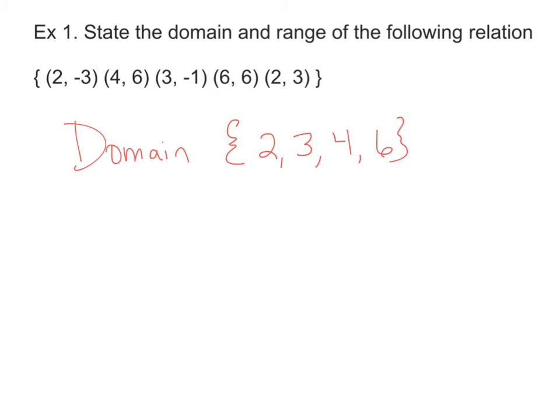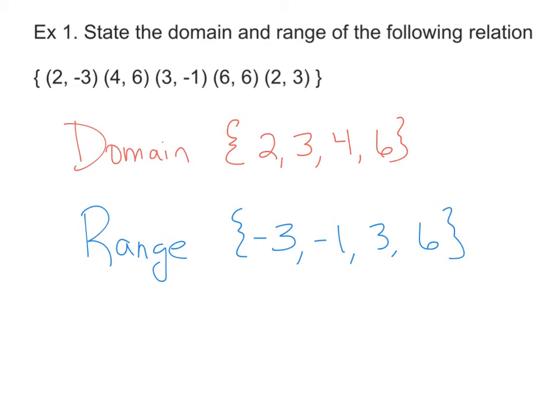Okay, notice I put them in numerical order. The range is my y values, and again, draw my brace, and my y values in numerical order are -3, -1, 3, and 6.